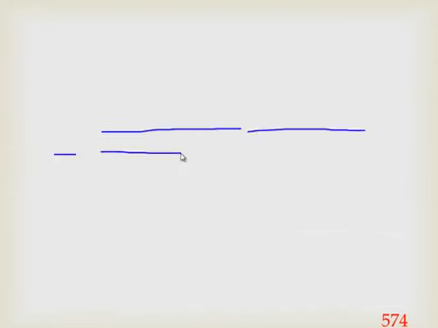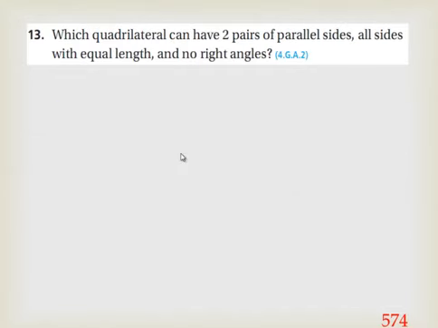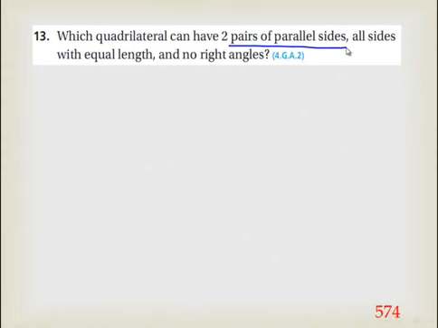Let's see question number 13. Which quadrilateral can have two pairs of parallel sides, all sides with equal length, and no right angles? The first condition is two pairs of parallel sides. I know them and I can imagine them.